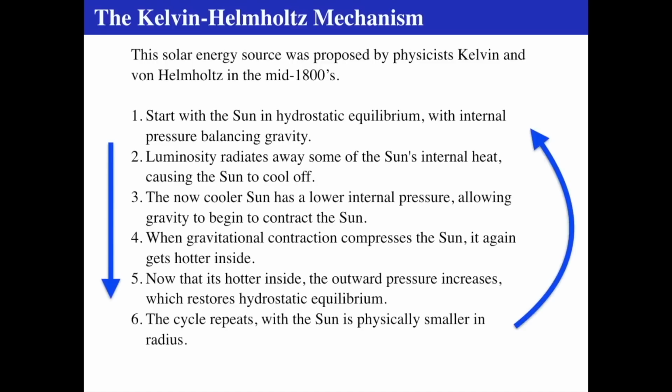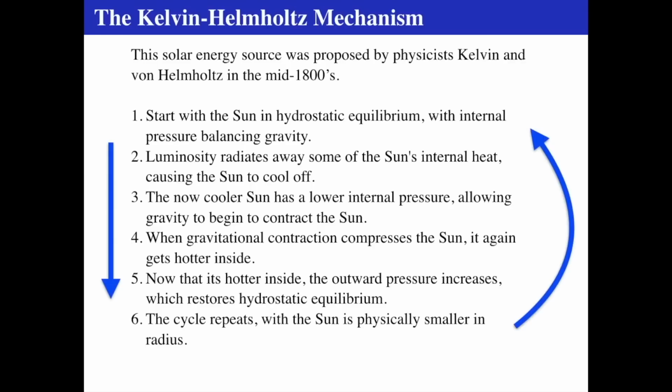And since it gets cooler, that allows it to compress, because if you take a hot gas and cool it, it compresses. So now it has a lower internal pressure, which means the sun itself contracts and gets physically smaller; the radius gets smaller.